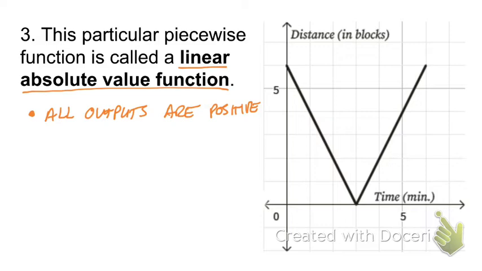Positive, yeah. The absolute value of any number is going to be positive. So all outputs are going to be positive. The second part, it looks like a V. So the graph of an absolute value function, a linear absolute value function, will look like a V.